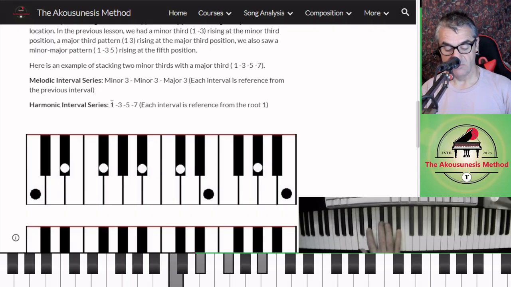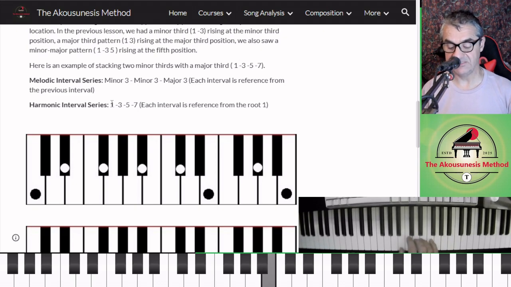Now, remember when we were looking at the modes in the key of C, when we were playing that from B to B, we're playing the Locrian mode. This is the same mode.